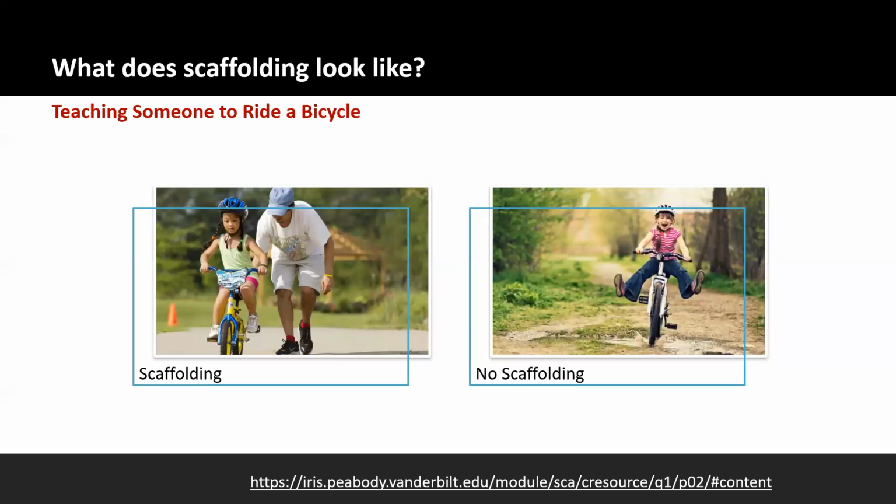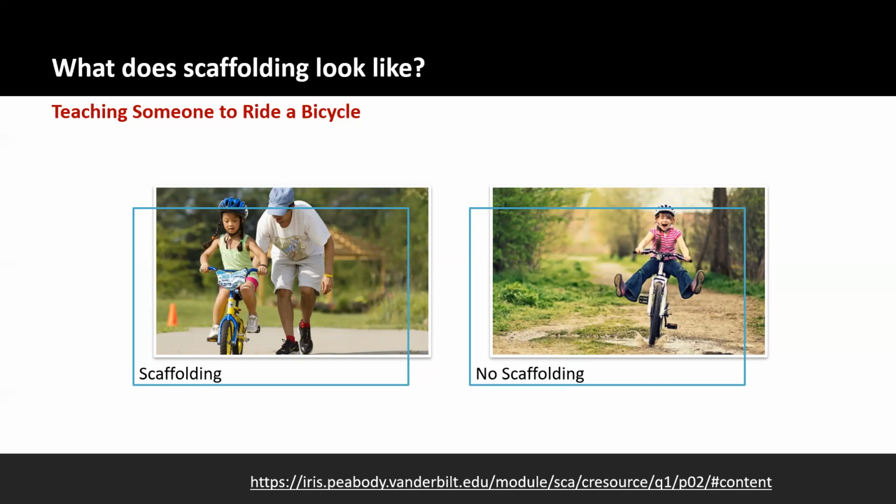And some simple examples of scaffolding. If you think about when you learn to ride a bike, or when you learn to do anything, someone taught you. I remember when my dad taught me how to ride a bike, he gave me this bike and he showed me how to use it.